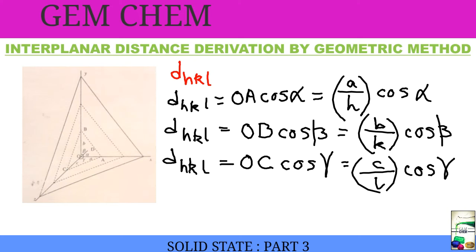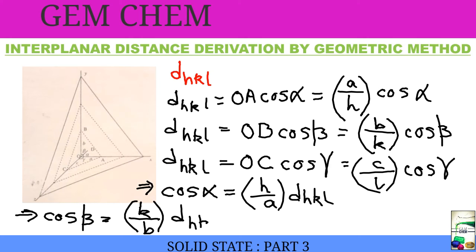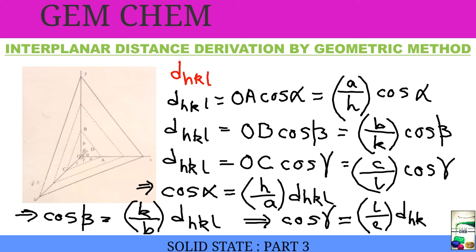Okay, now we can write the cos values. Cos alpha comes to be h by a times d_HKL. Next one is cos beta, which comes to be k by b times d_HKL, and the last one is cos gamma, which equals l by c times d_HKL.